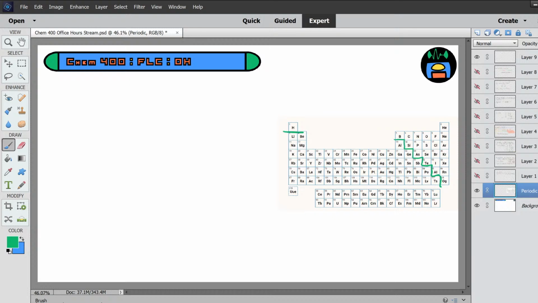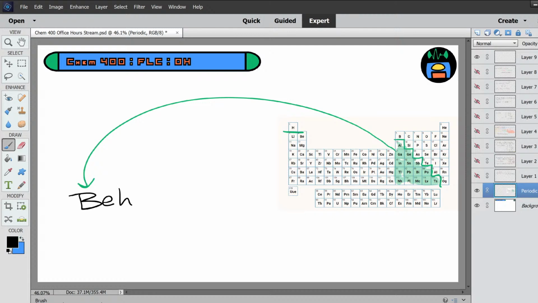Let's just make that clear. I've said that all the metals are to the left, but I've also said that these metals kind of under the line over here, that these behave like transition metals.